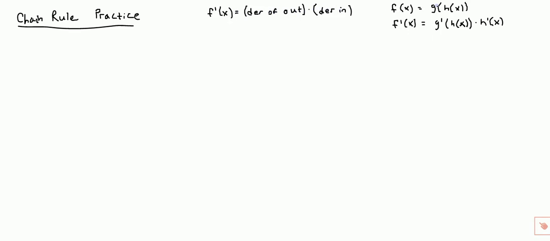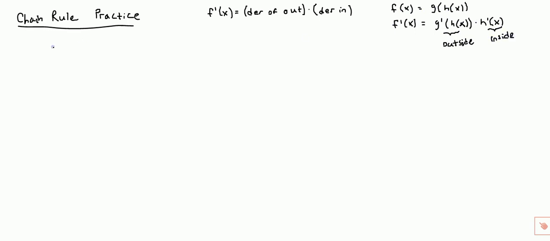And you can also think about it more formally as if f of x is g of h of x, then f prime of x is g prime of h of x. So this is the outside derivative part. Multiplied by h prime of x. And this is the inside derivative part.